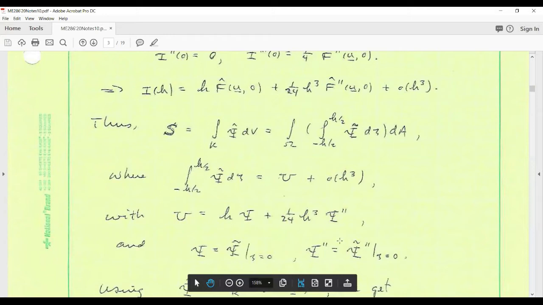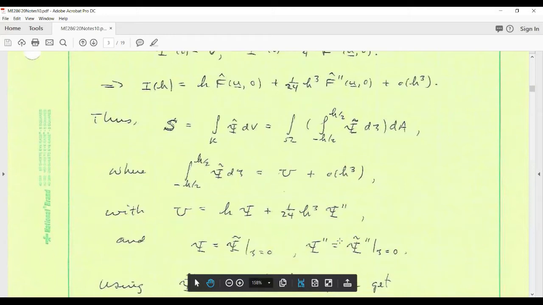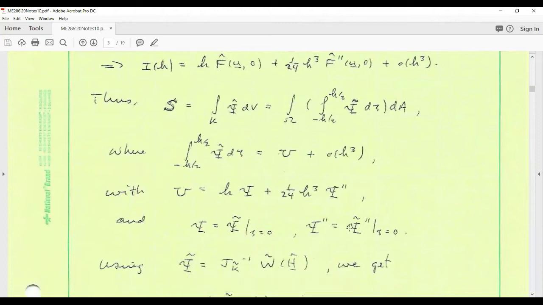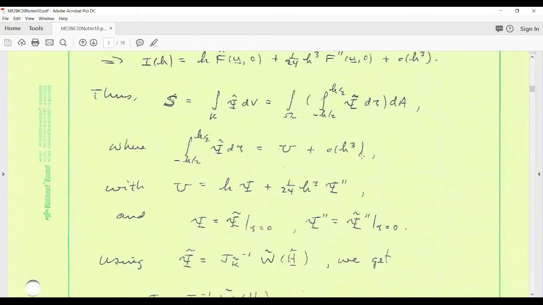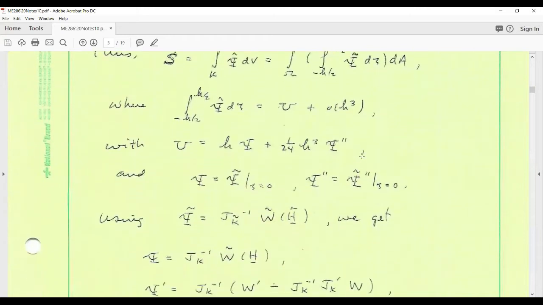The second derivative with respect to zeta, the through thickness coordinate, evaluated at the midplane. Okay, so again, I dropped the tilde here. So this notation means this. And then we have an error of order small o of h cubed.